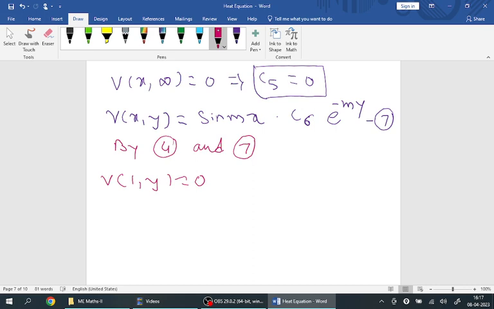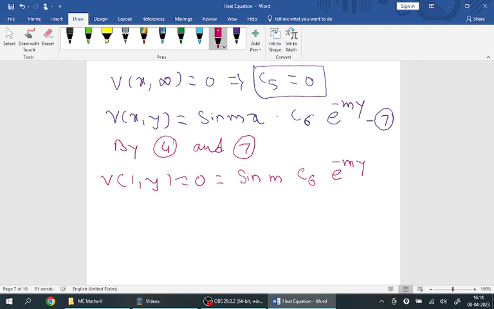So we are going to replace x by 1. So we get sin m, c6, e raised to minus my.